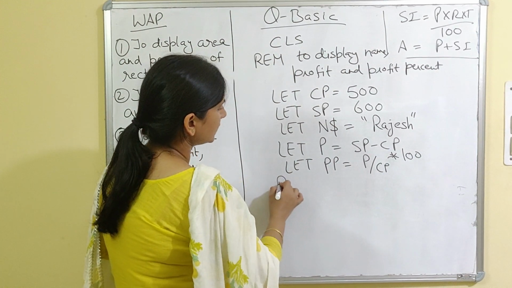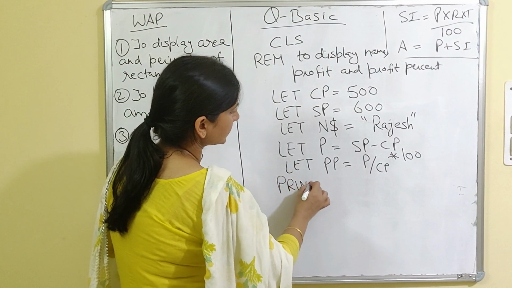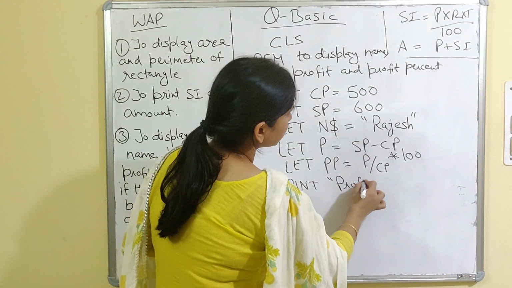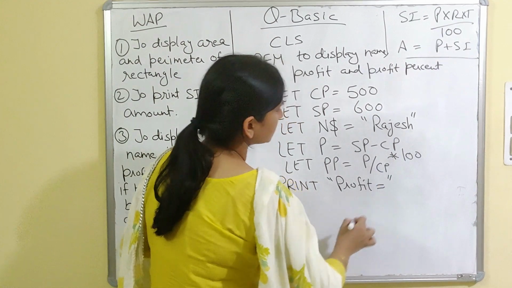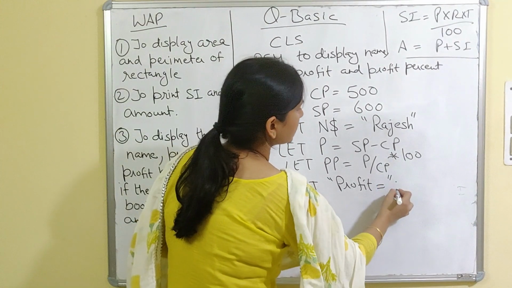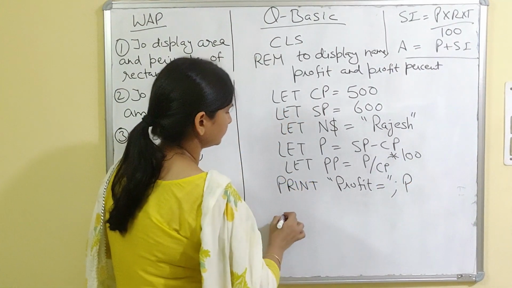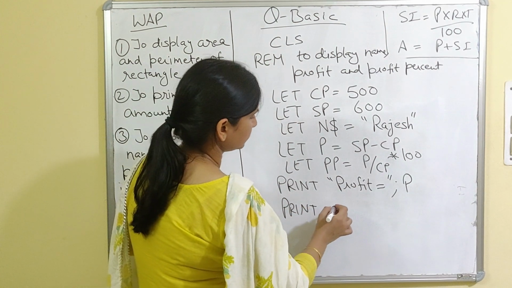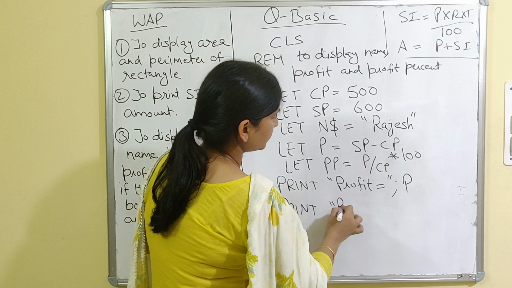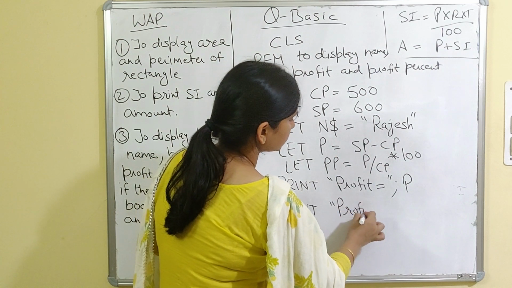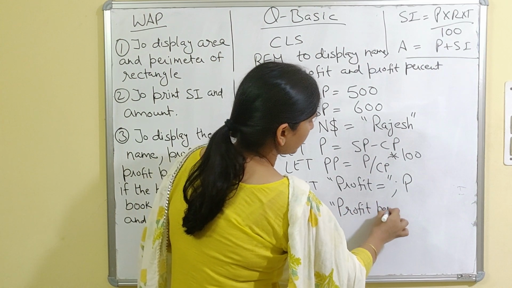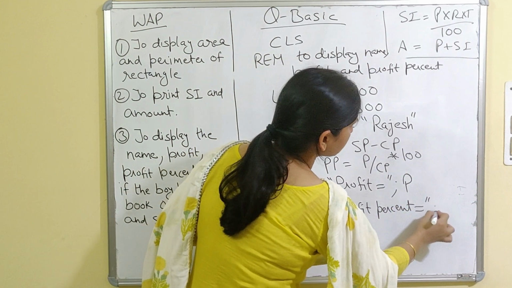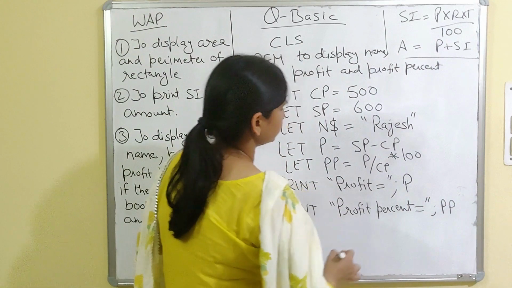Fine. Now we will display it by using print. So print profit equals to in double quotes, close, P. Print profit percent equals to in double quotes, close, PP.